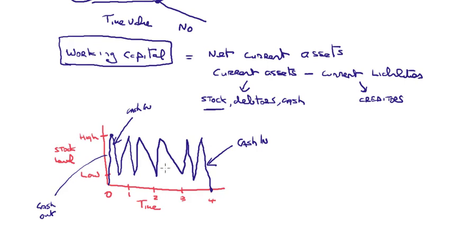Generally in between we ignore all the ups and downs, and at the very end of a project we take account of the cash in, when we sell our stock for the last time.